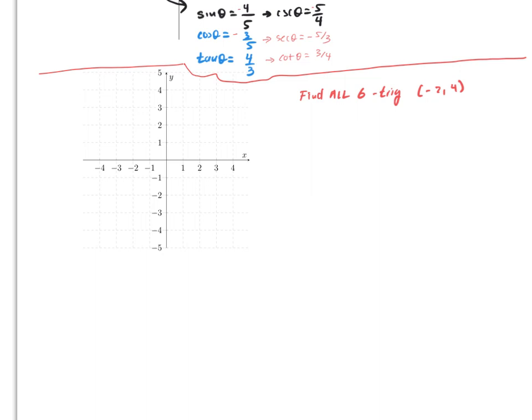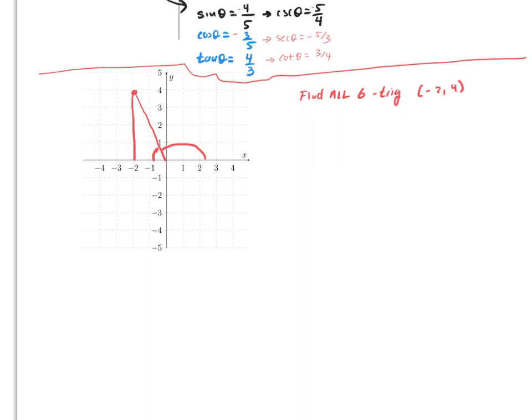So minus 2, 4, or somewhere here. Okay? So therefore, this is the angle. It goes through here, but the triangle you want is this one. So technically, all you care about is this, which is the reference angle. That's the one you're going to focus on.